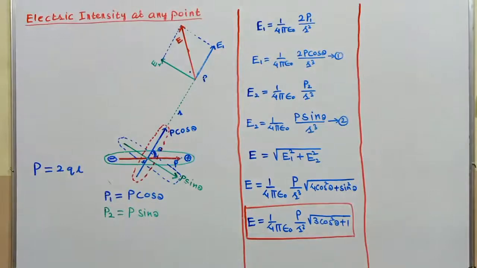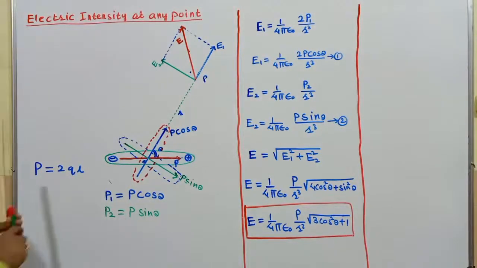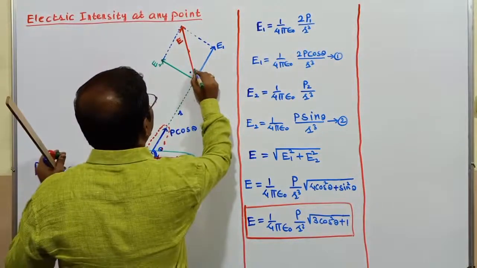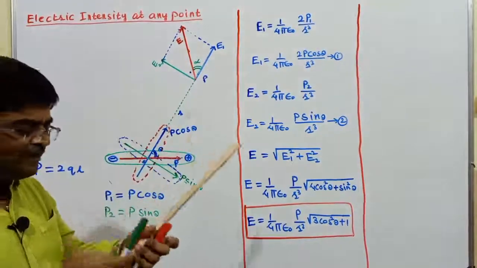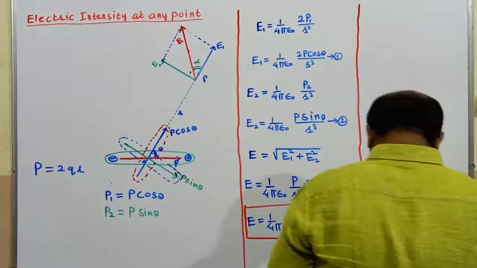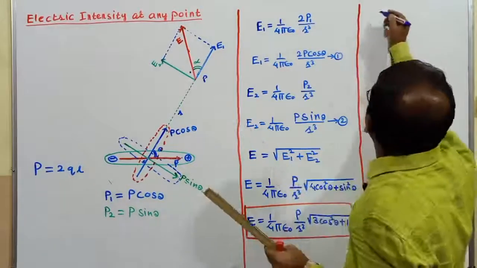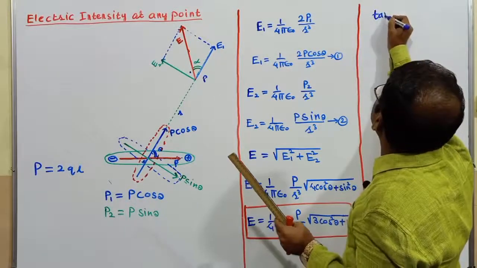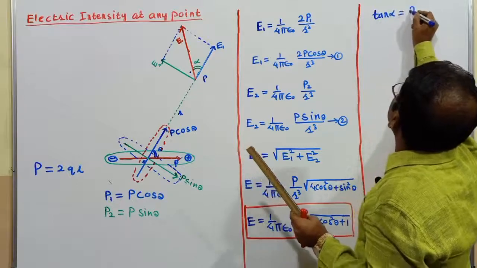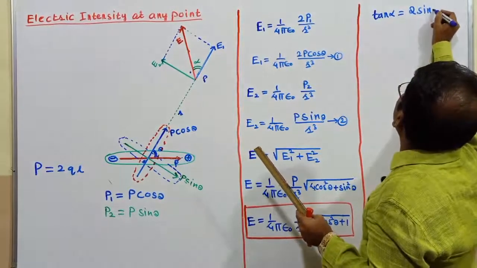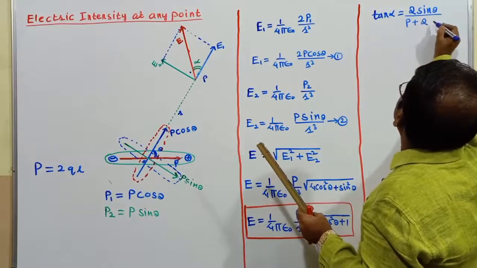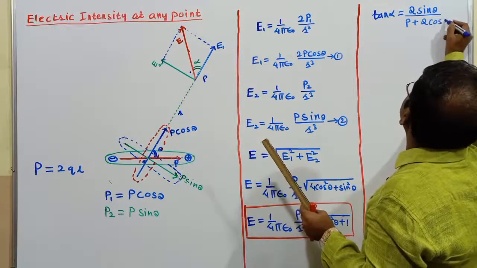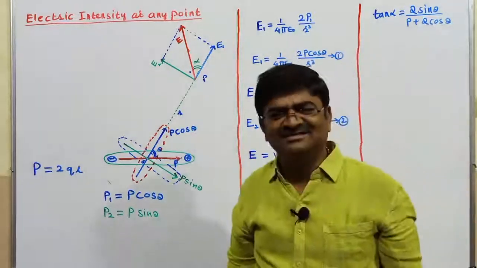Direction of electric intensity, resultant electric intensity, I specify by one angle made by it, alpha. And you know the formula for tan alpha. What is that formula? General I'll write. Tan alpha equal to Q sin theta divided by P plus Q cos theta. Is it not this relation? Yes.